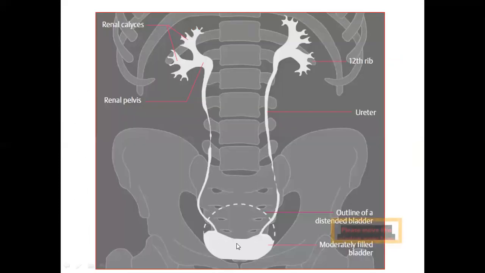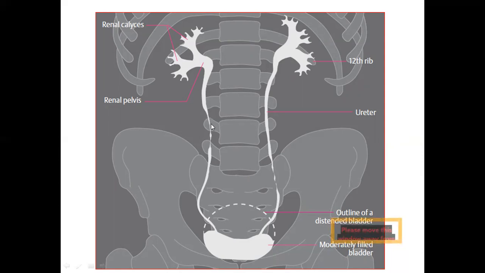Then pyelogram. This pyelogram is very important, where you inject radio-opaque dye either through the vein, which is called intravenous pyelography, or through the urethra, which is called ascending pyelogram. In descending pyelogram, when you inject the dye through veins, you will see the dye getting collected in the major and minor calyces, pelvis, abdominal part of the ureter, and pelvic part of the ureter.